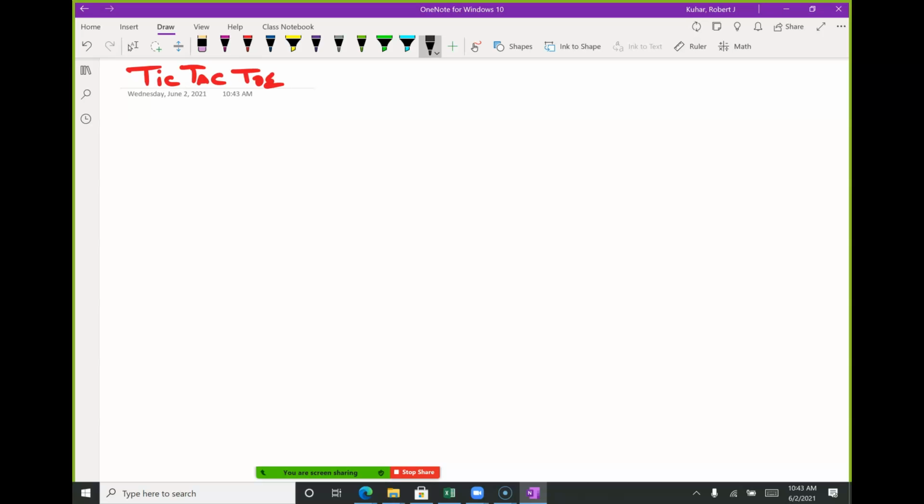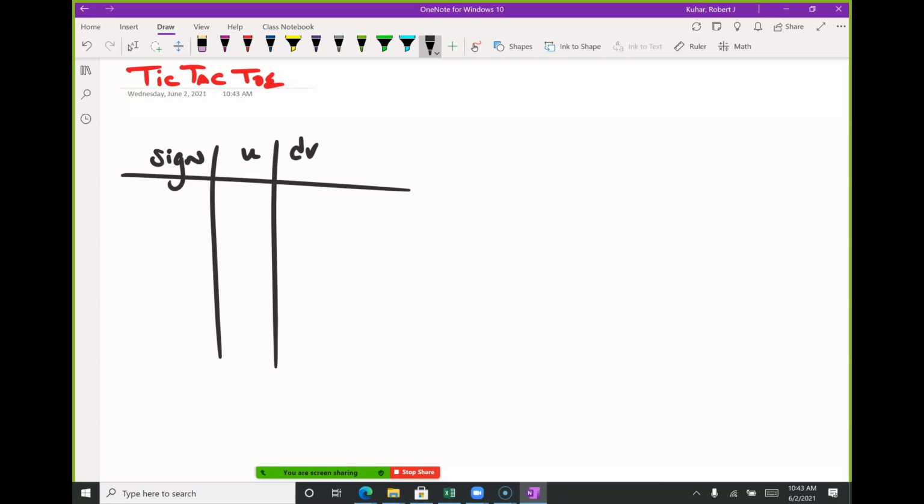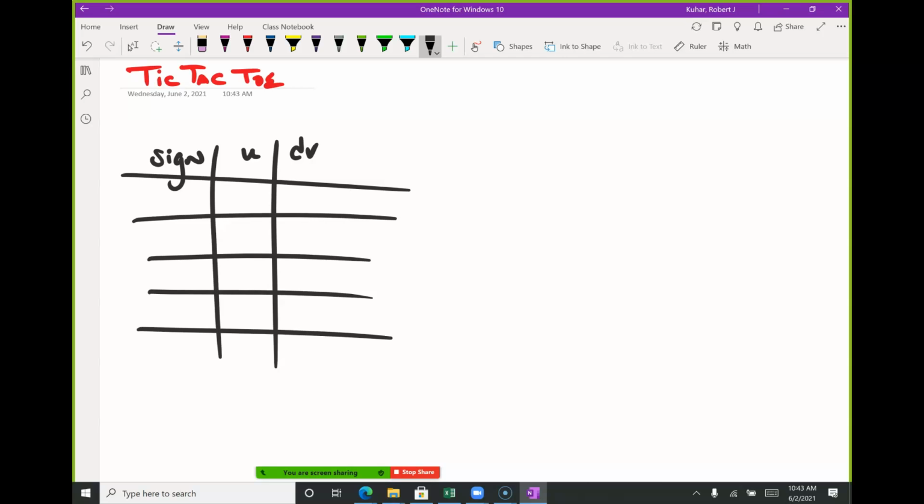But the idea is I'm going to fill out a table of sign, of u and of dv. And it's not ideal, the way I do it, but the sign always alternates between plus and minus.